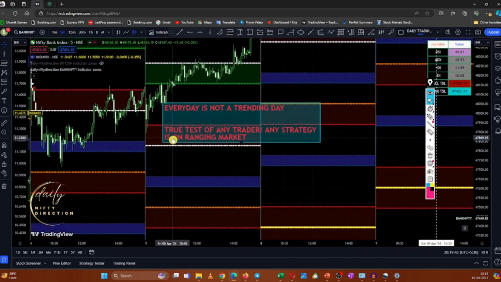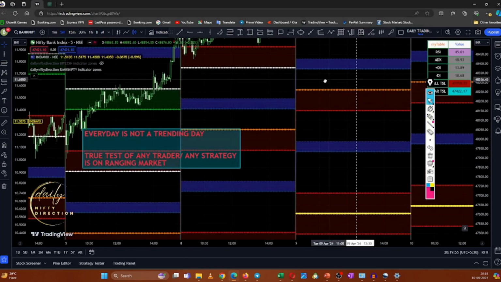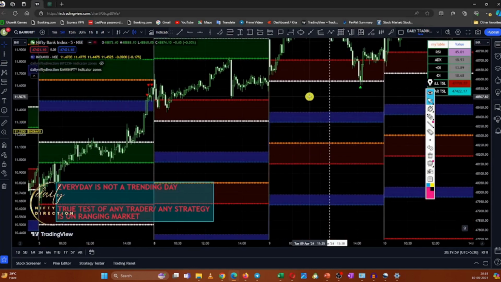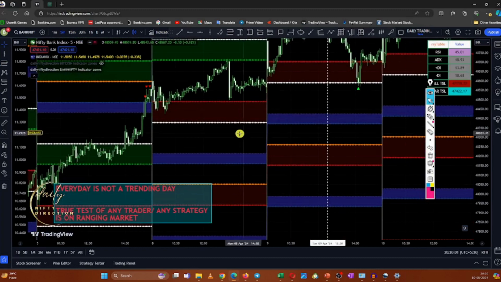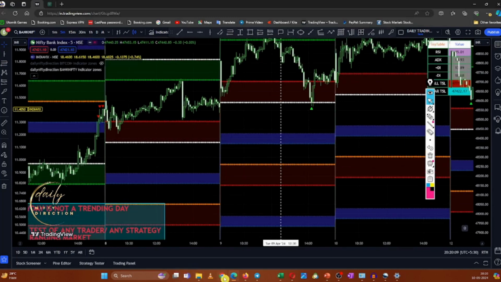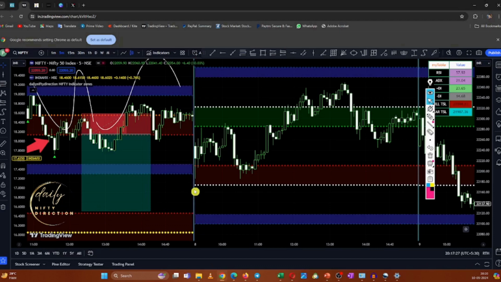Everyone earns, okay, and some people even do not earn on the trending day. But if you want to be successful in intraday trading, you must master the ranging market, okay. Similar is the case here in Nifty, guys.